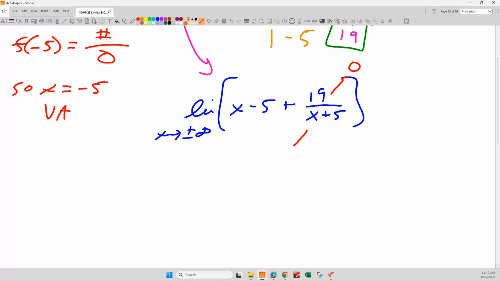Goes to 0, right? Because the bottom is a bigger power of x than the top. And so what we're left with is our slant asymptote, or oblique asymptote. So we get the slant asymptote at y equals x minus 5. That's the line that would define the asymptote at the tails of the function for large positive or negative x. Okay? Good? Questions?